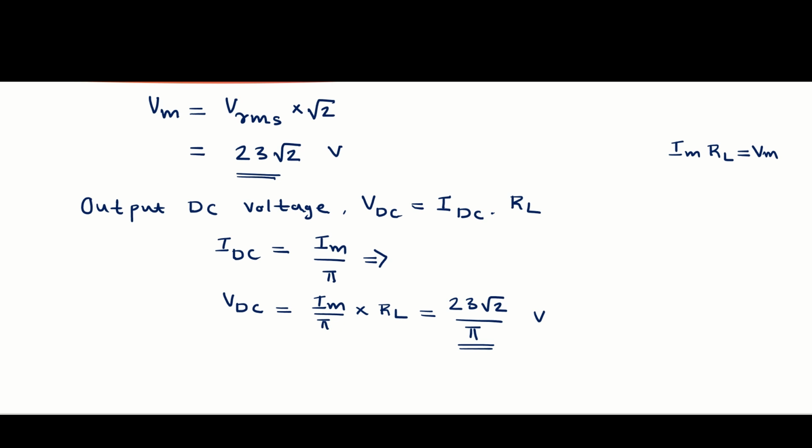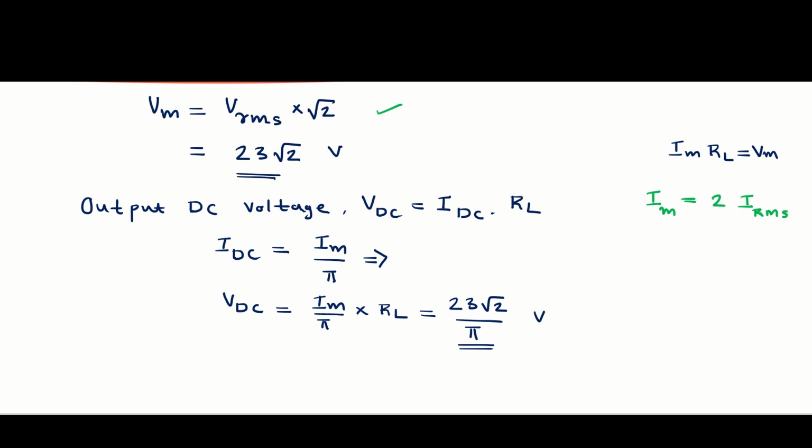Someone may have one doubt about this. Consider this equation: Vm equal to Vrms into root 2. But while I was talking about the working of a half wave rectifier, there I wrote Im is equal to 2 into Irms, or Irms is equal to Im by 2.